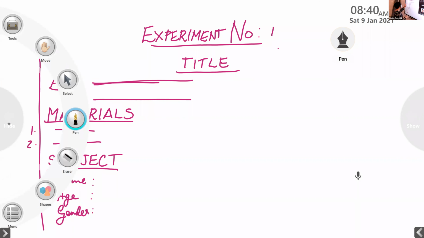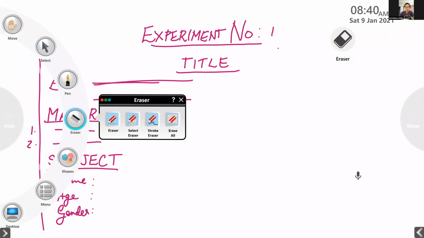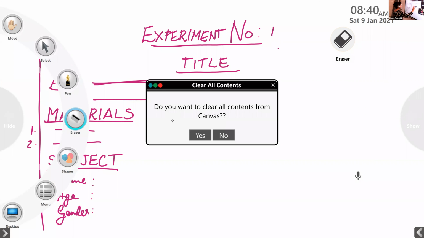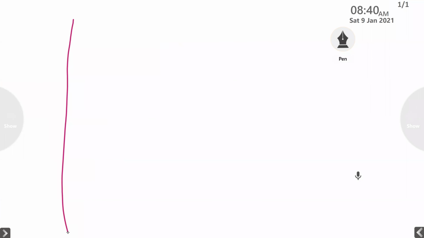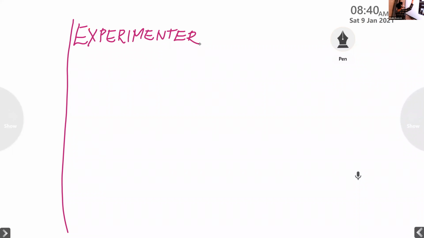Now, after the subject, the next one will be experimenter. If this is the margin, the next thing that you have to write is experimenter. Experimenter means basically who does the test or who is conducting the test. That is, your name will come. You will do the test for exams also.